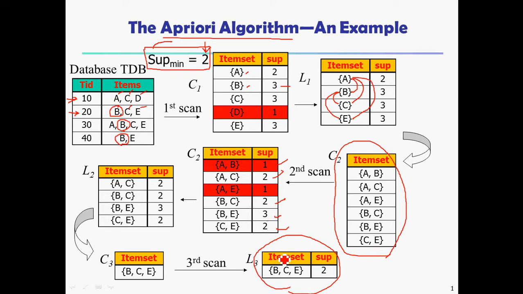Application in grocery stores, for example, for inventories. If we have very low inventory of B, and C and E are at reasonable inventory, then we need to make a back order for B. The reason is that those who purchase C and E also purchase B with this probability. Actually, support is related to the probability, right?